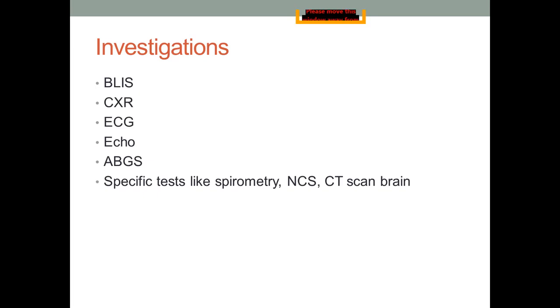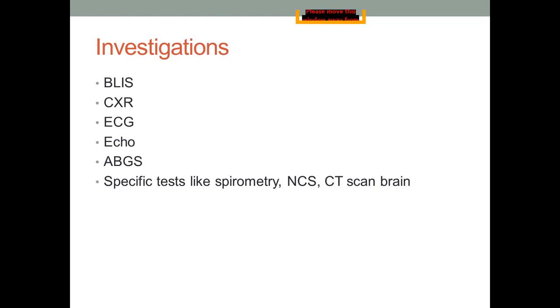And you will do echocardiography, because in acute massive pulmonary embolism, if the patient presents with respiratory failure and shock, there will be pulmonary hypertension and acute right ventricular failure. So these are the signs of acute massive pulmonary embolism.